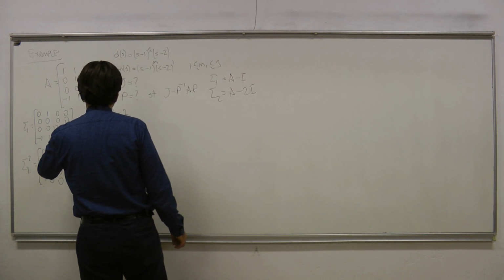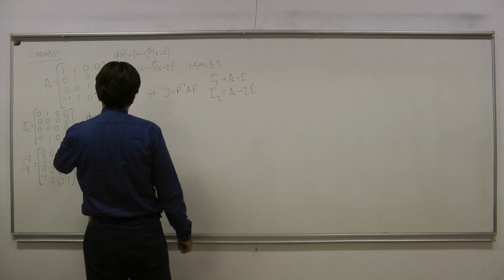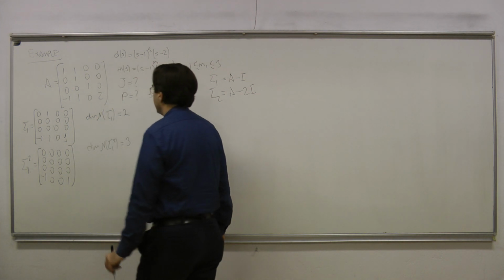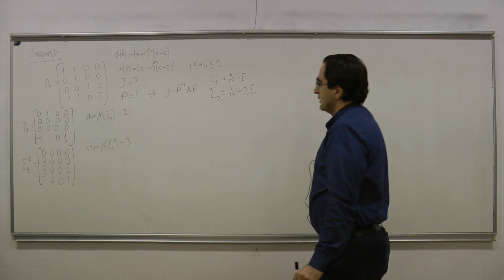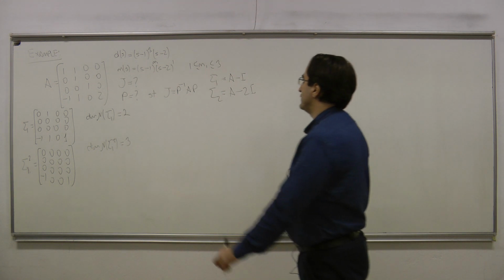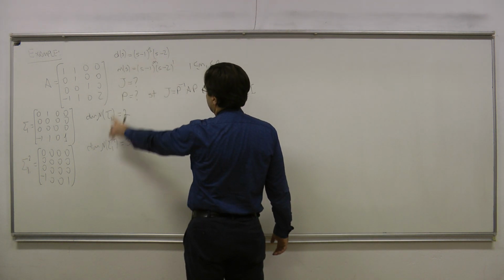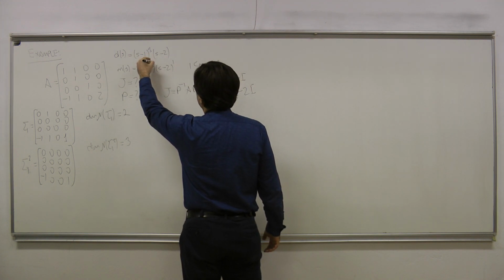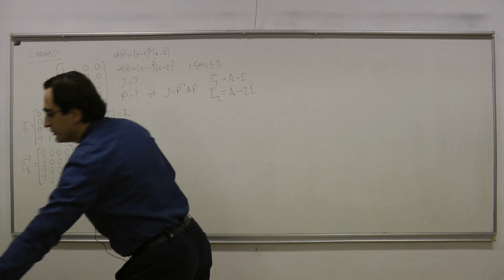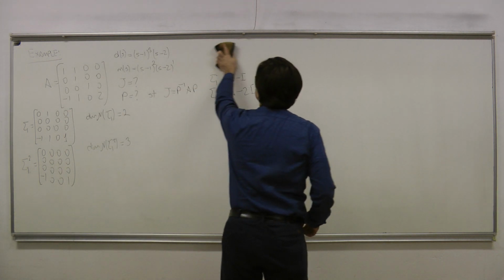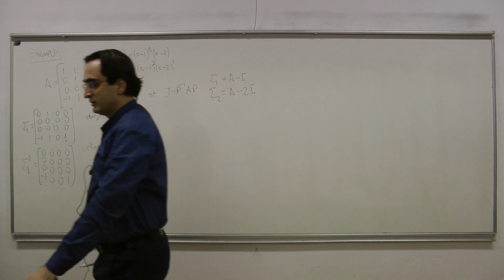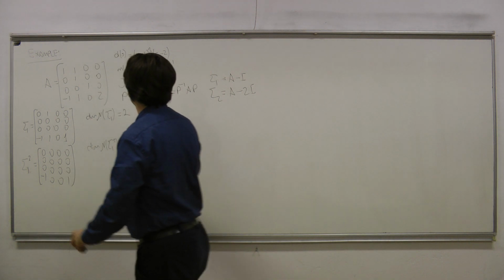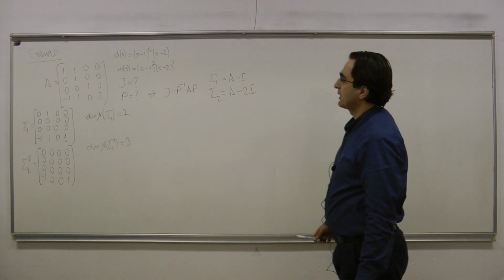So that means that the dimension of the null space of sigma 1 square is equal to 3 in this case. So we see that we have reached the largest possible dimension at the power 2. That means that M1 is going to be 2. Okay, so I can write here this 2, and I can erase this. So we have identified the characteristic minimal polynomial in this case.